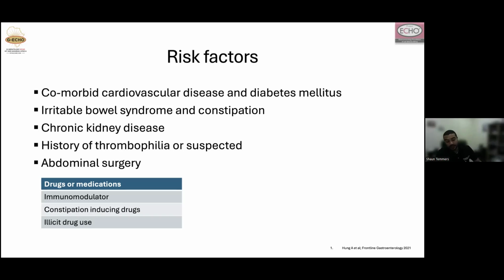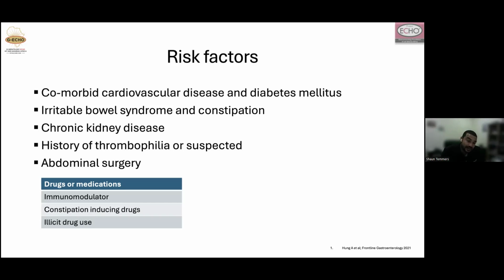And then there's a whole list of drugs and medications that have been implicated, about 3 or 4 tables of them. Importantly, immunomodulators and chemotherapeutic drugs, because of their vasoconstrictive effects on the mesentery. Constipation-inducing drugs, because of the pressure effects that they exert within the colonic mucosa.